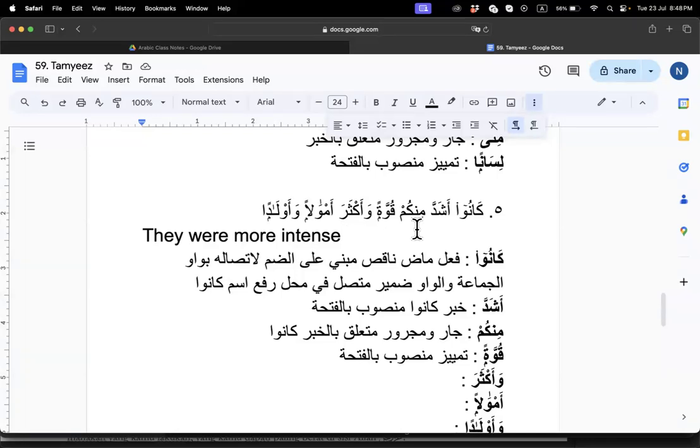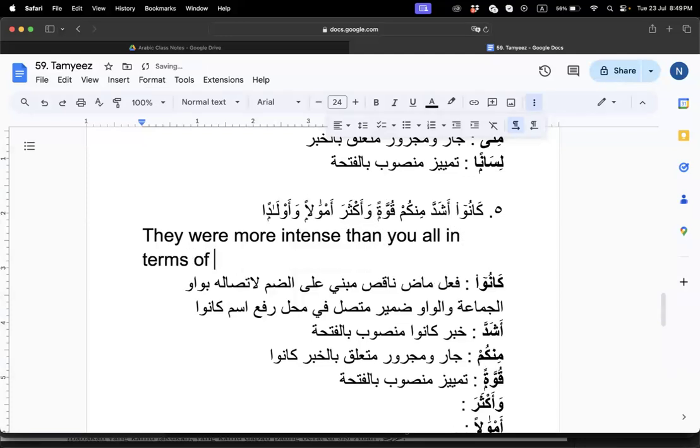Minkum, among you all. You said this is comparative, right? So we use 'than'. Than you all. More intense than you all. Quwwah is strength, so in terms of strength.